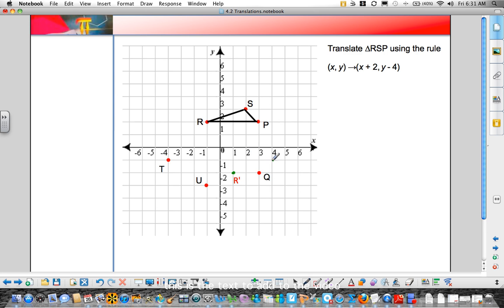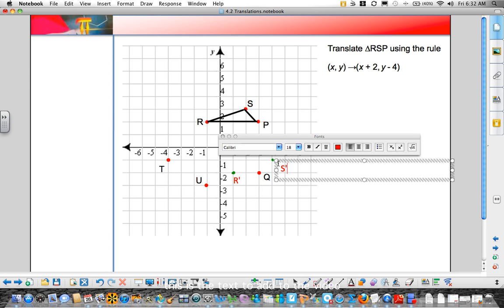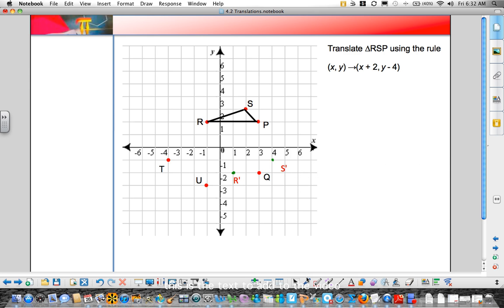I'm labeling these points because there are a lot of other points in my diagram here, and I want to make sure that I remember which one is which. So this is S prime. And one more we have to do. We take point P, move it 2 units to the right, and 1, 2, 3, 4 units down. I'm going to move this label so it's over here, and we're going to call that P prime.